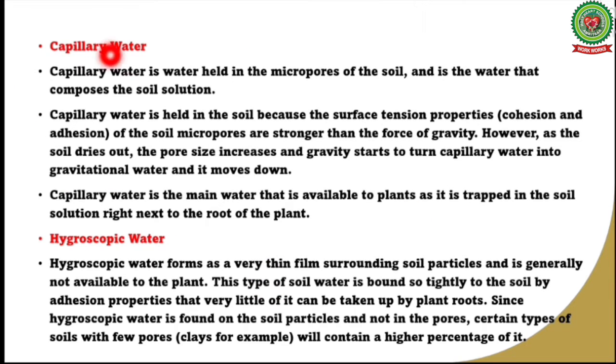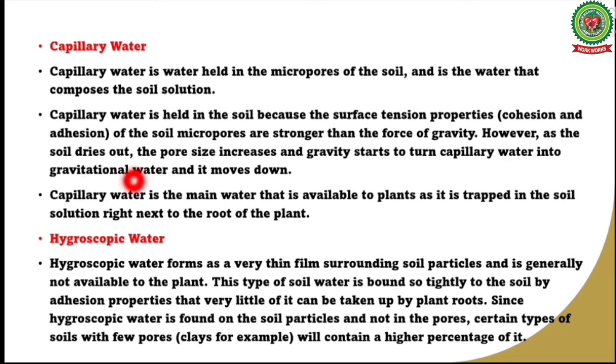Next is capillary water. Capillary water is water held in the micropores of the soil and is the water that composes the soil solution. Capillary water is held in the soil because the surface tension properties of the soil micropores are stronger than the force of gravity.